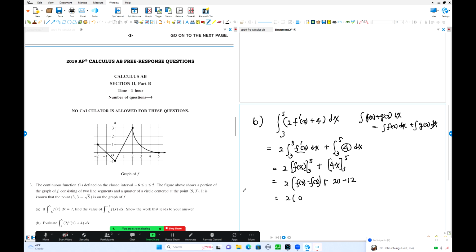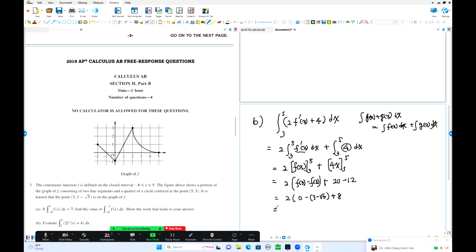What is f(3)? f(3) is given over here, this point, and this point is given as 3 minus square root 5. And 20 minus 12 is 8.